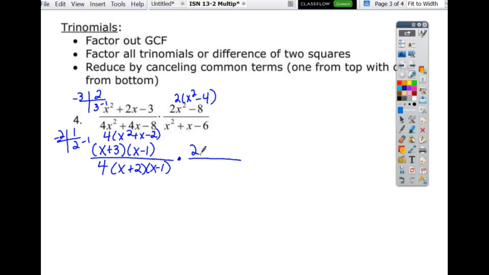And how do I factor the x squared minus 4? It's a perfect square. So you get the x plus 2 and the x minus 2. And then how do I factor here? So I get negative 6 and 1, 3 and negative 2.